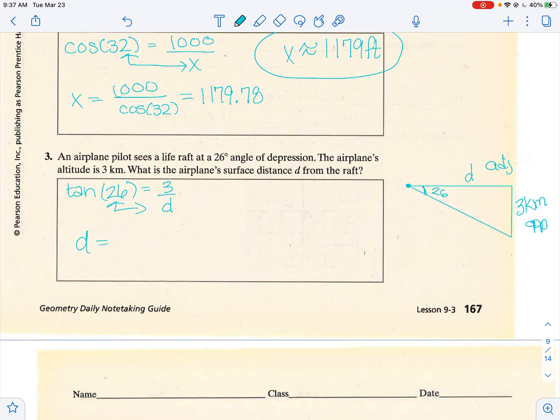So the distance equals 3 divided by the tangent of 26. So in your calculator, 3, divide, tangent button, 26, and hit the parenthesis. So the distance is about 6.15 kilometers, or we can round it to 6 kilometers from the airplane to the life raft.